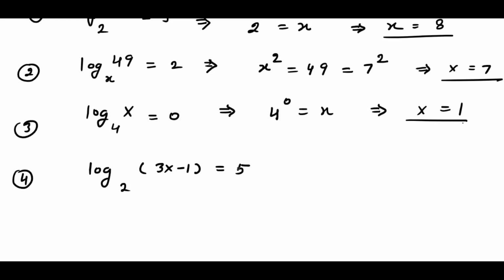Now you have to solve. Everyone, please solve these problems. Until and unless you solve, you will not understand how to do it. By listening, you will think this is easy, we can do it, but when actually you are doing it, you will find it difficult. So here the problem is log of 3x minus 1 to the base 2 is equal to 5. You have to solve for x.